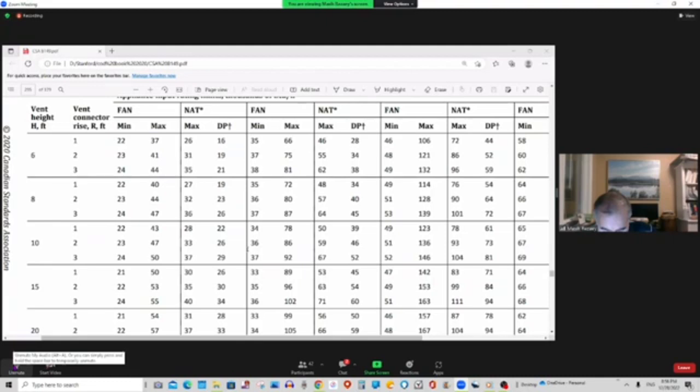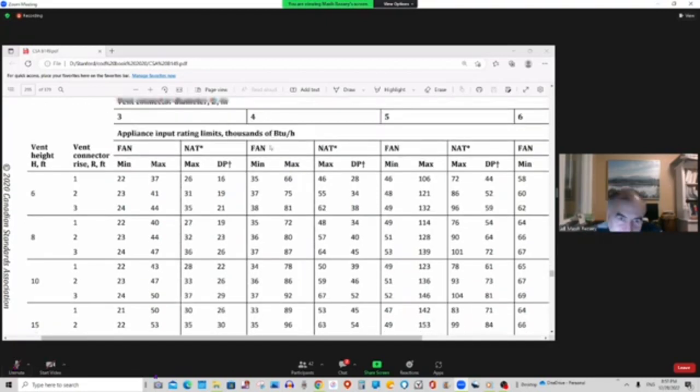First of all, I see it is 2 or more appliances, B vent, B connector. I go look at table C3: two or more appliances, B vent, B connector, table C3. Then I have my ruler in front of me, okay? I put my ruler on 15. The first one, R2 is 2.